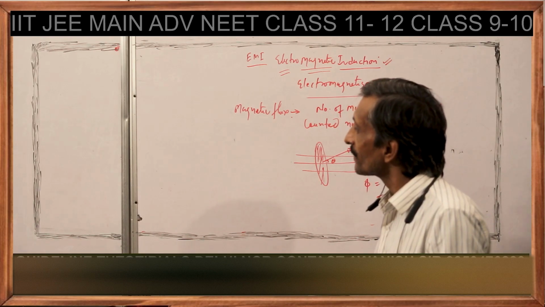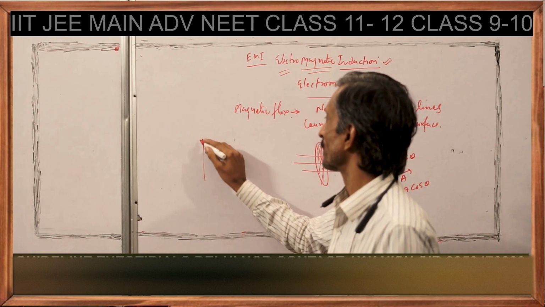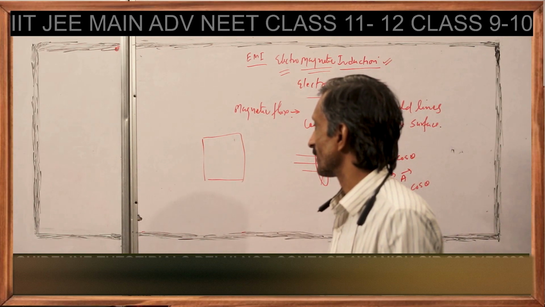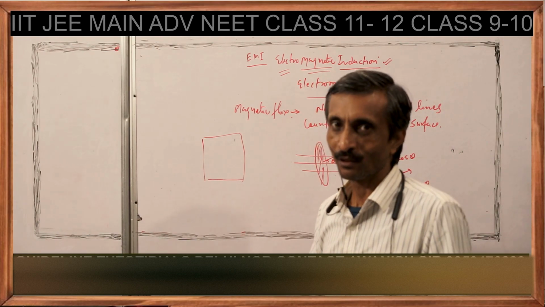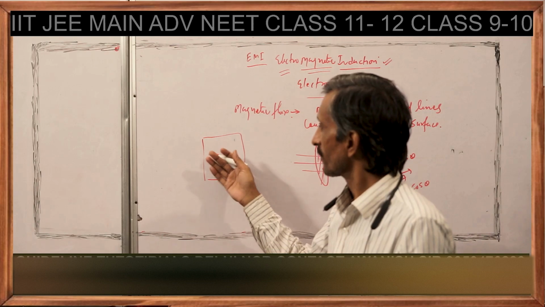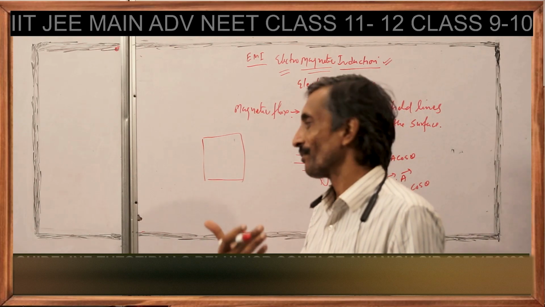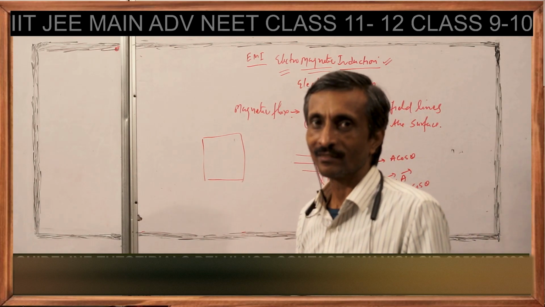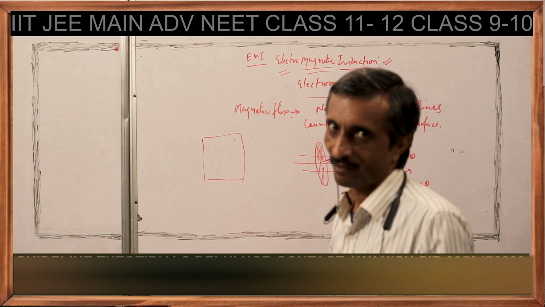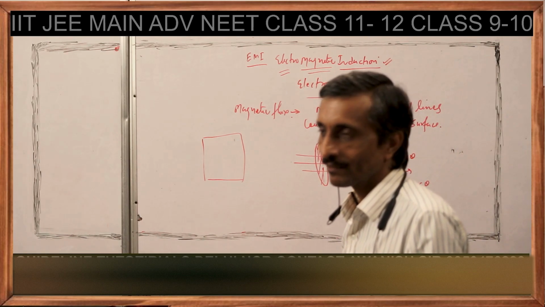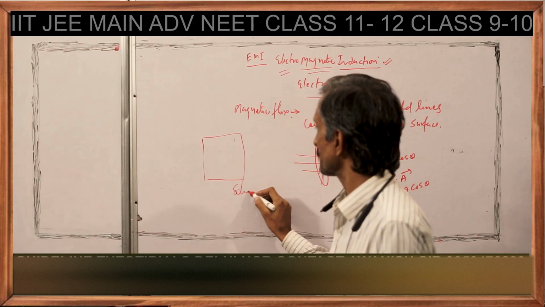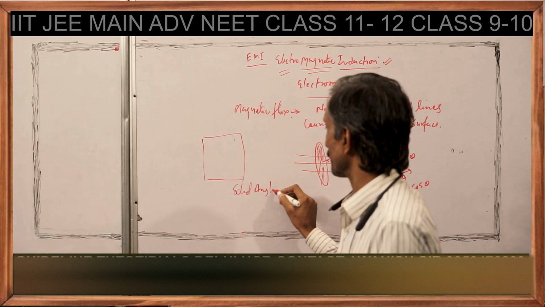If we consider the area of this board here, what is the direction of the area? Perpendicularly outward from the board, or inwards to the board, is the direction of the area vector. What is the angle in the area vector? Solid angle is used in this.